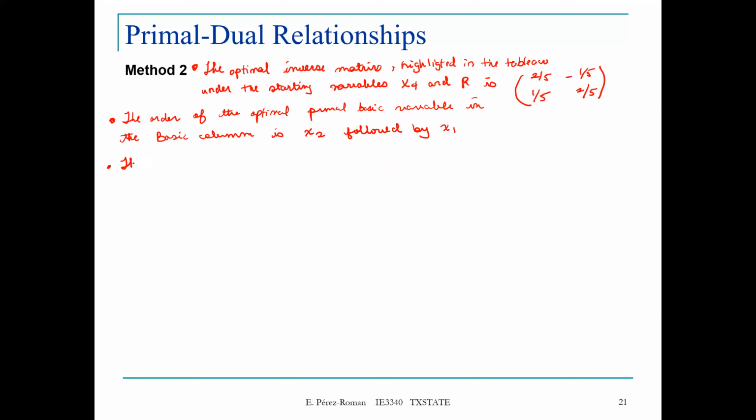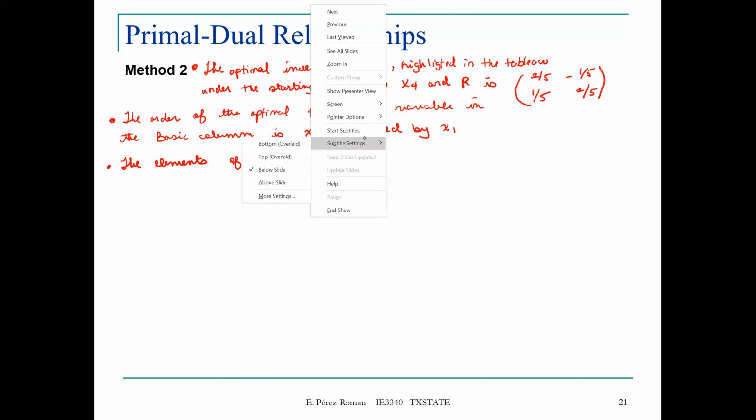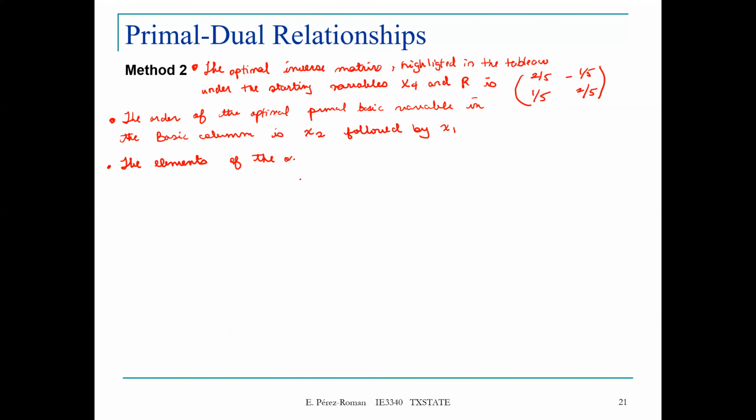The elements of the original objective coefficients must appear in the same order.